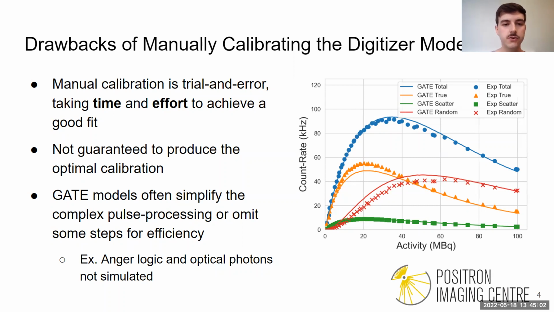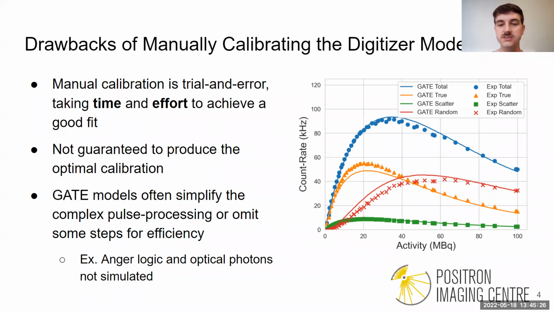And even if you knew everything about your detector and its pulse processing, GATE models are still a simplification of the complex pulse processing of the detector. For example, in this instance, we know that the detector crystals use Anger logic to locate where the hit was within the crystal, but that's not explicitly simulated within this GATE model.